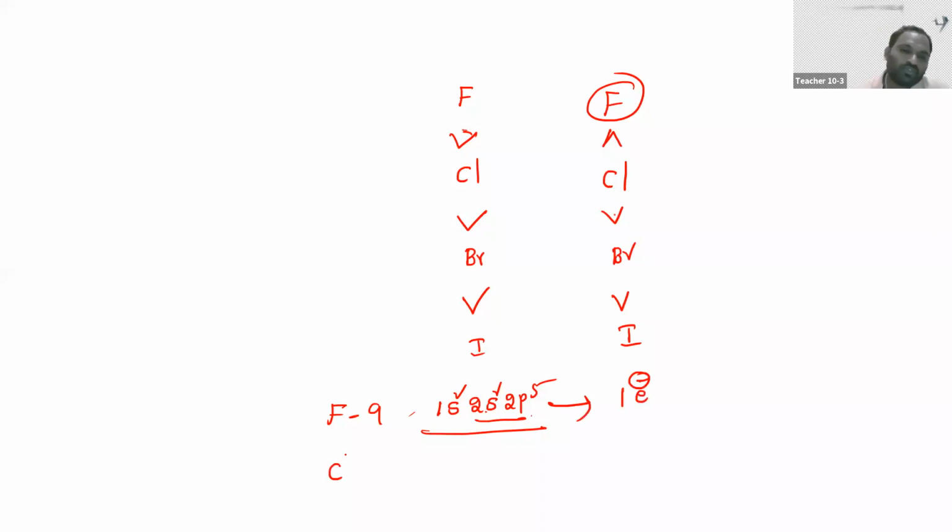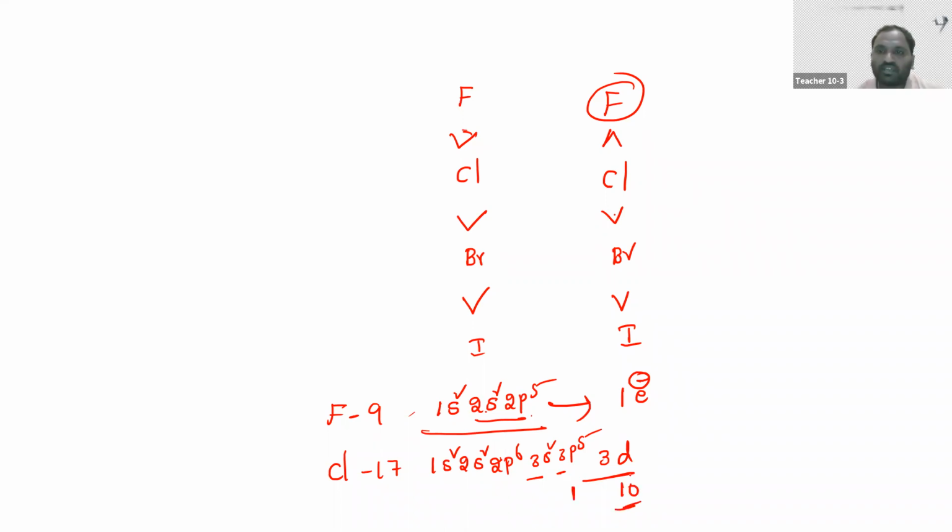But in case of chlorine, 1s2, 2s2, 2p6, 3s2, 3p5. In the third shell there are empty d orbitals; d starts from the third shell. Here in fluorine we can add 1 electron extra, here we can add 10 electrons extra because of the empty d orbitals. 5 d orbitals are there, in each orbital 2 electrons.